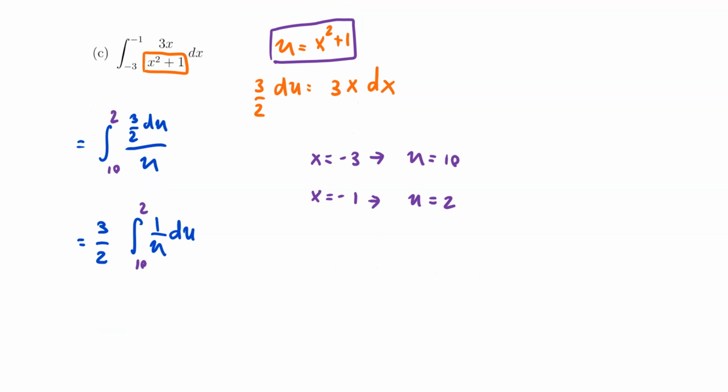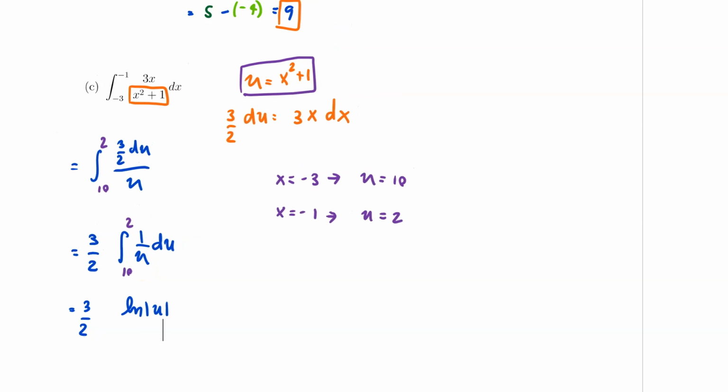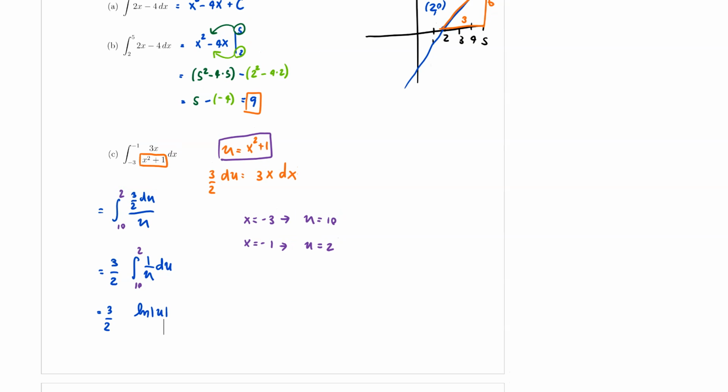Now the integral of 1 over u is just going to be log of absolute value of u. And now again, instead of writing the plus c, because this is an integral from 10 to 2, I'm going to write a vertical line, and I'm just going to use the numbers 2 and 10 here.